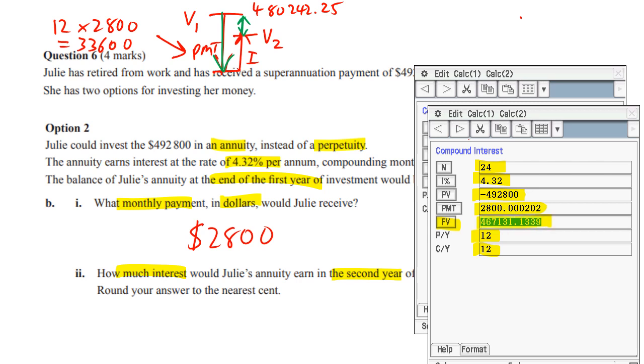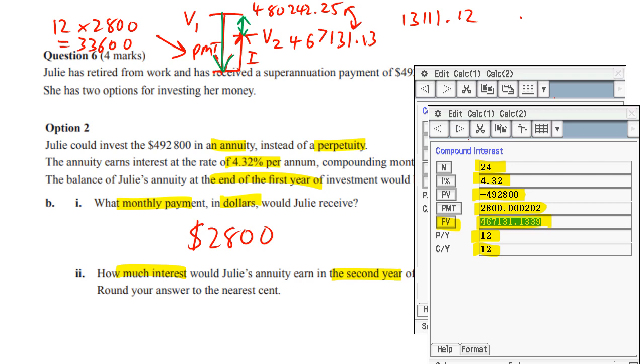Final value V2 at the end of the second year is going to be 467,131.13. And so we've got to find the difference between those two, and the difference is $13,111.12.